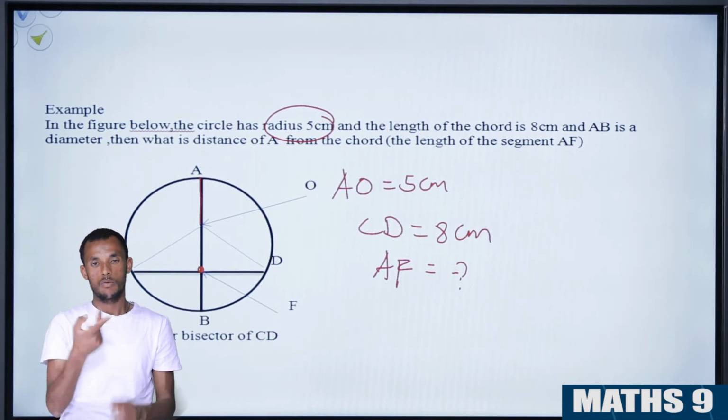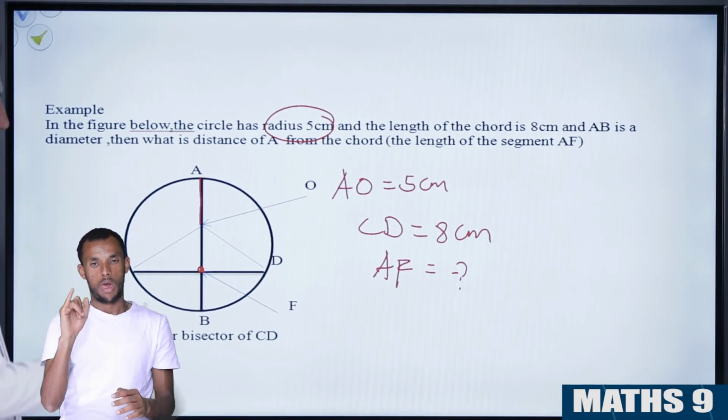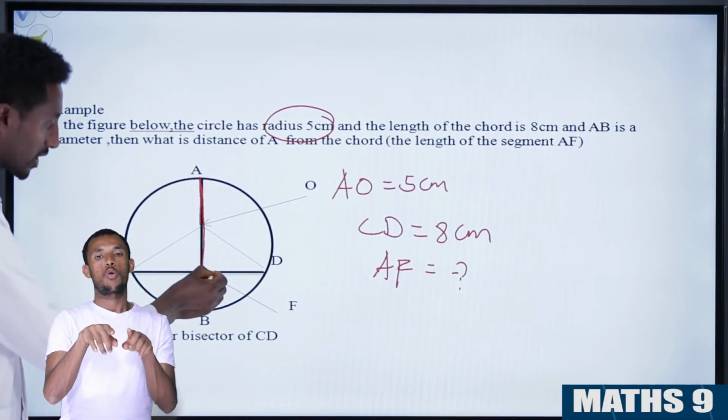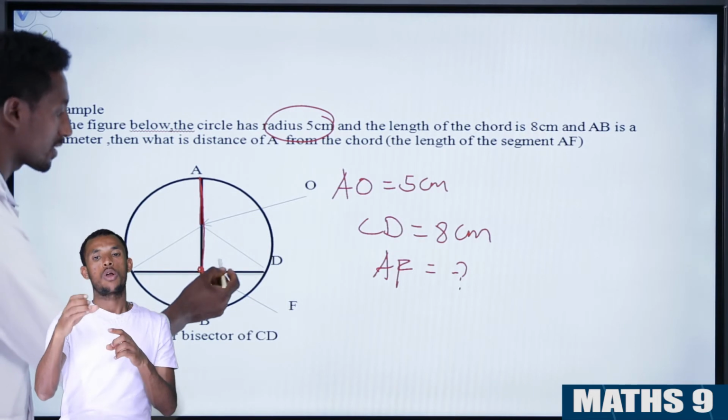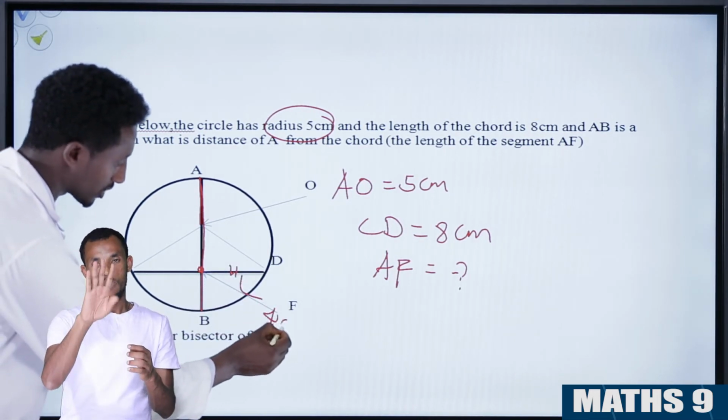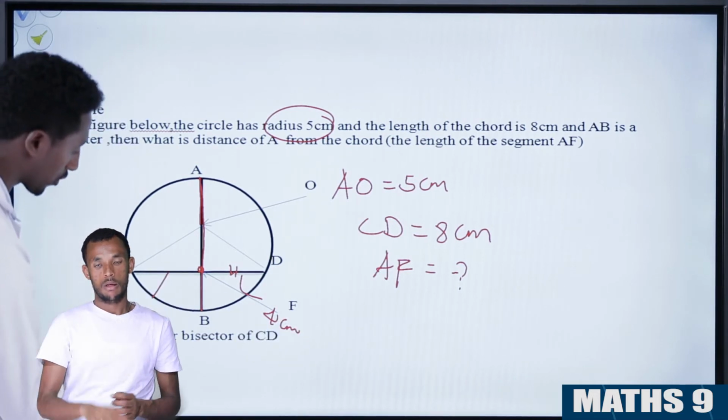So from the above idea, this diameter is a perpendicular bisector of the chord. Since the chord is 8 centimeter, each half will have 4 centimeter.